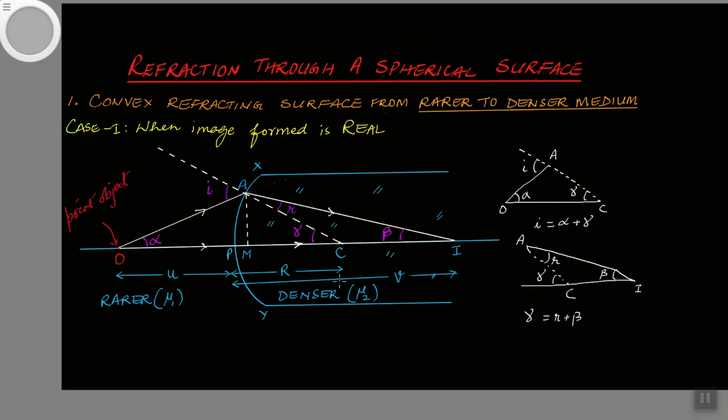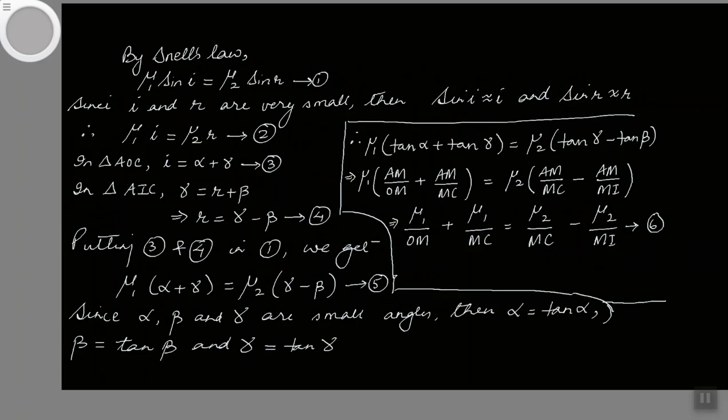Then by Snell's law, mu1 sine I is equal to mu2 sine R. Since I and R are very small angles, we can replace sine I by I and sine R by R. So I get this equation.